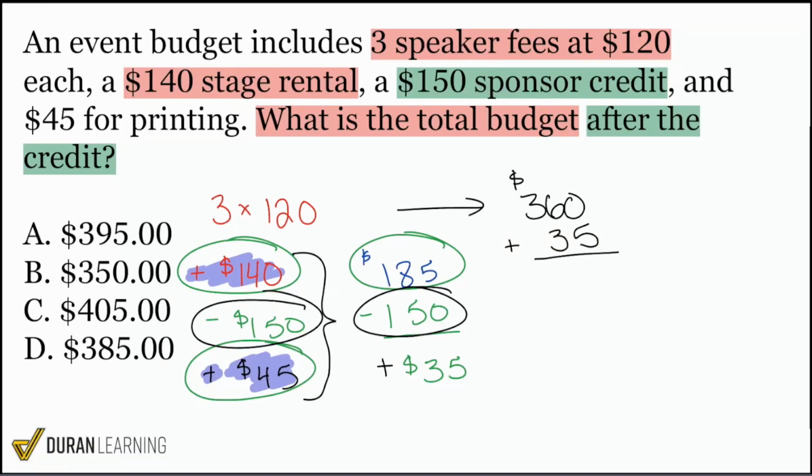What does that end up at? 395 right there. 395, and that is the budget. After we took care of the $150 sponsor credit, boom, we got our budget down to $395, which is going to be answer choice A. And there we are, my party people. There we are. Again, the correct answer is A.